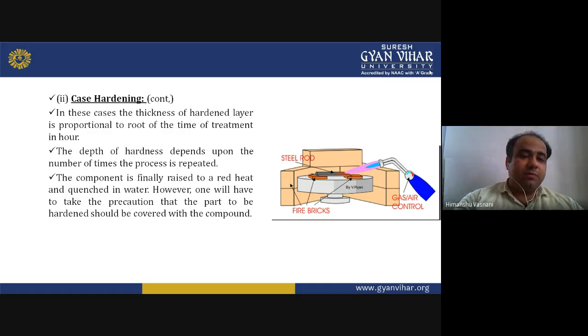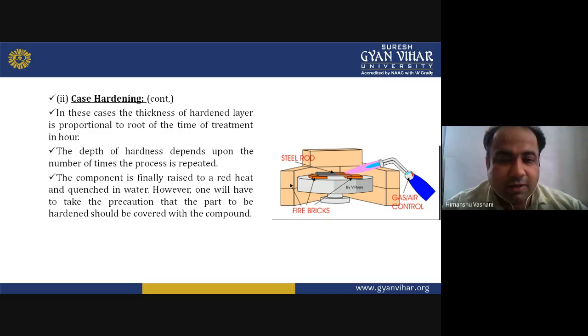The component is finally raised to a red heat and quenched in water. However, one must take the precaution that the part to be hardened should be covered with the compound.